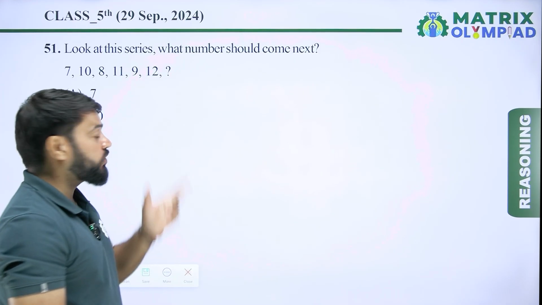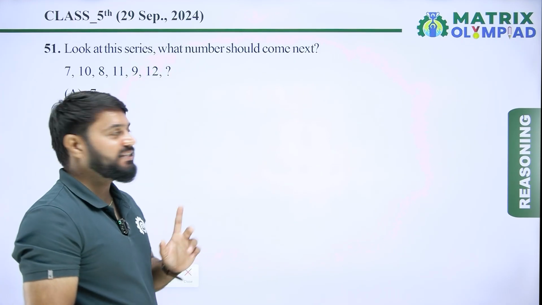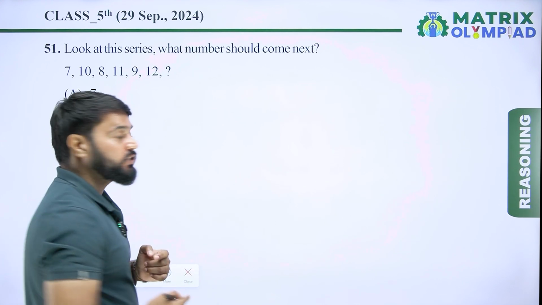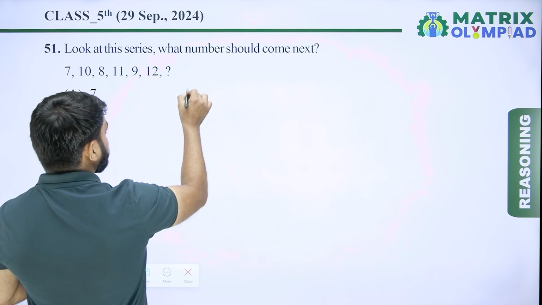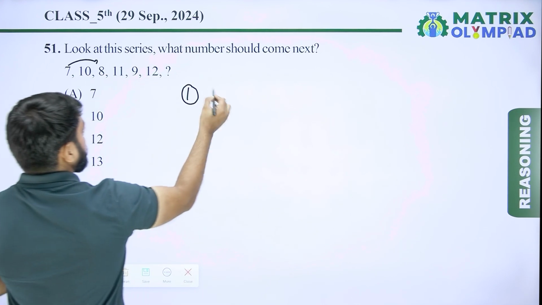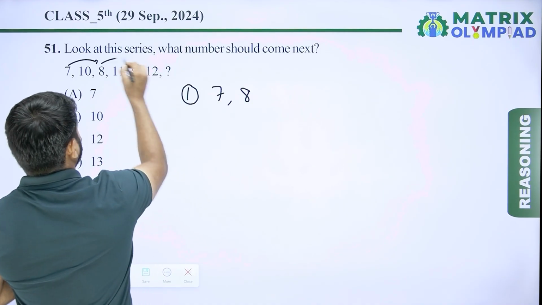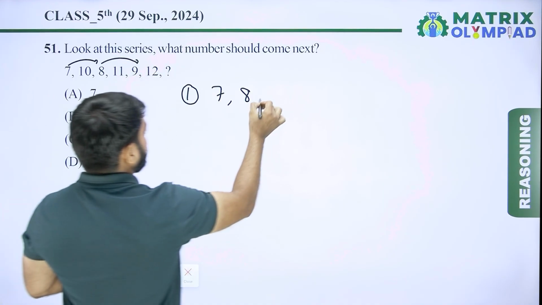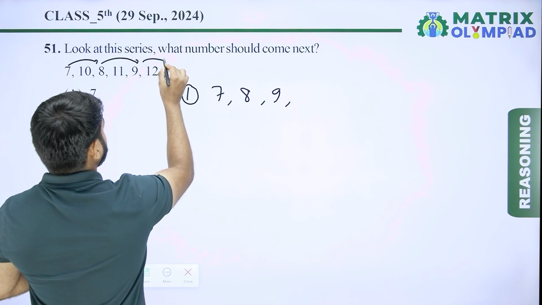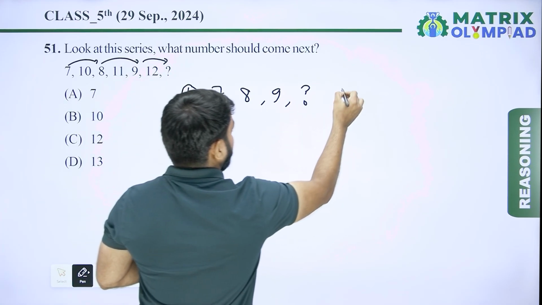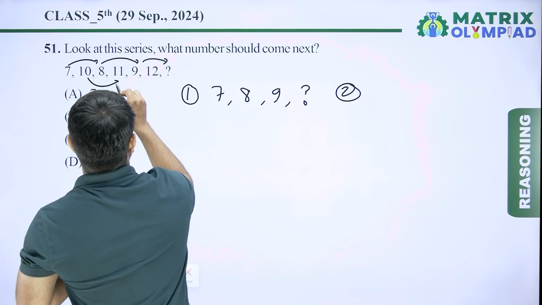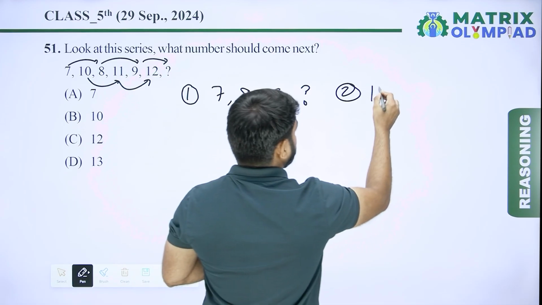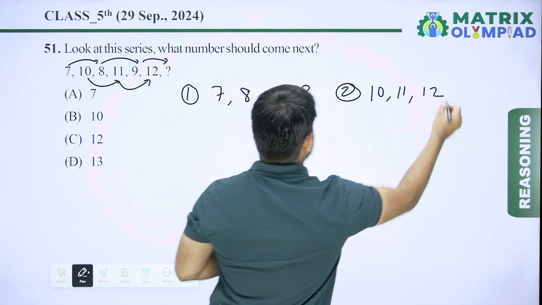According to the question, we have an alternate series. It means we have two number series. The first number series is 7, next is 8, after 8 next is 9, after 9 next is missing. And the second number series is 10, 11 and 12.